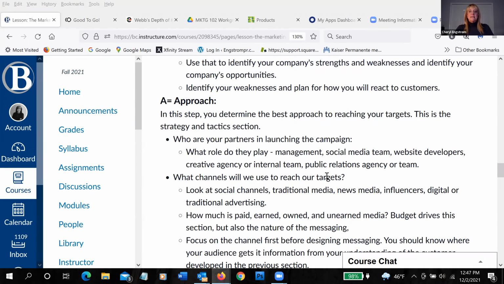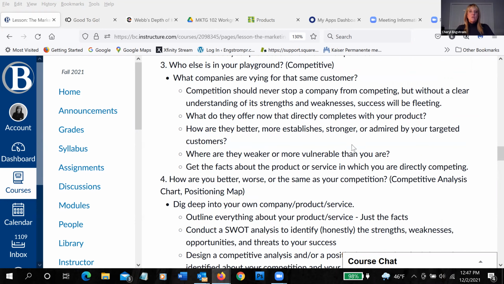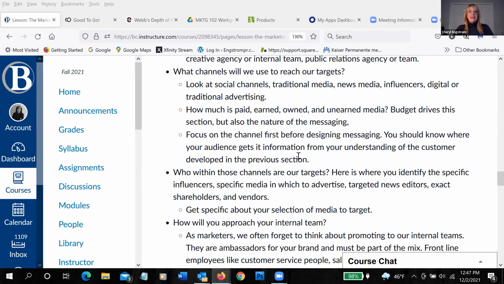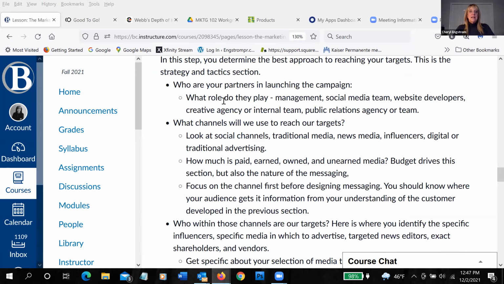The approach in this stage is strategies and tactics. Okay, this first part was goals, objectives, STP, all that kind of stuff. Now with the strategies and objectives, you're going to look at who are the partners in launching your campaign, and what role do they play? Now, what I mean by that is a lot of times companies will partner with others. In the case of Starbucks Roastery, an odd partner might actually be Starbucks Green Dot stores.